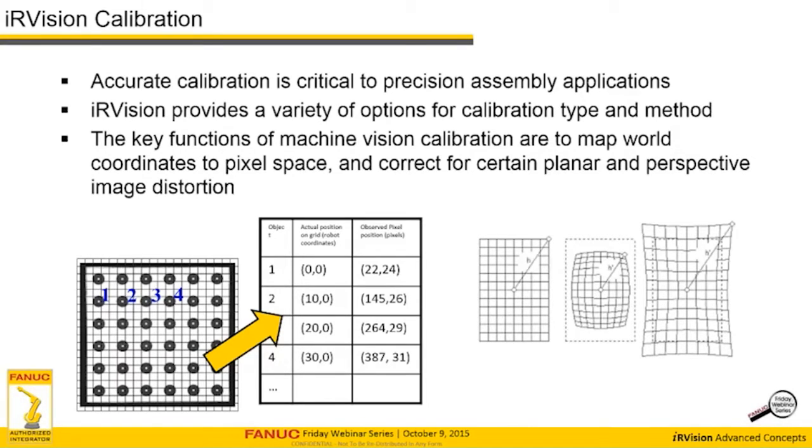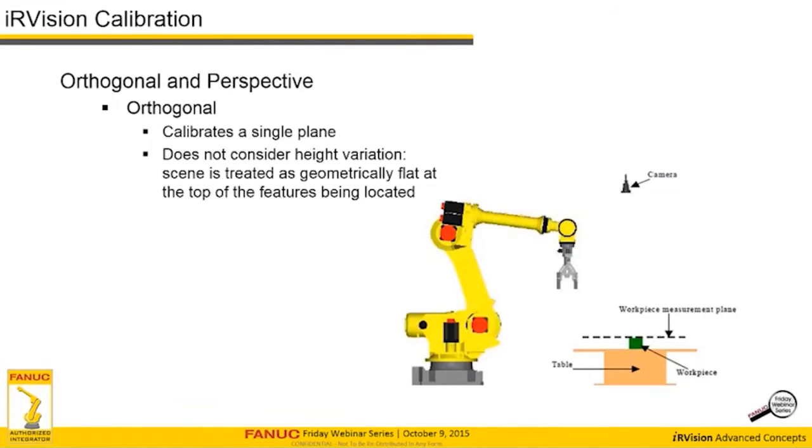Good quality, well-executed calibration accurately corrects for all of those errors within the lensing and within the imaging of the scene. We have a couple of different types of calibration available, and I'm going to just touch upon these, but I'll end up by telling you what we need for precision assembly applications.